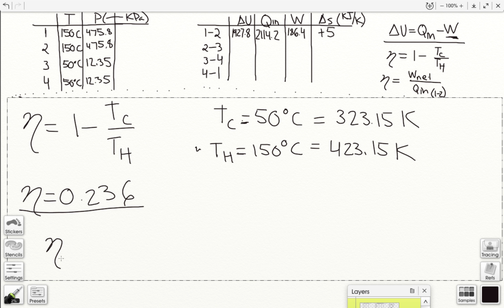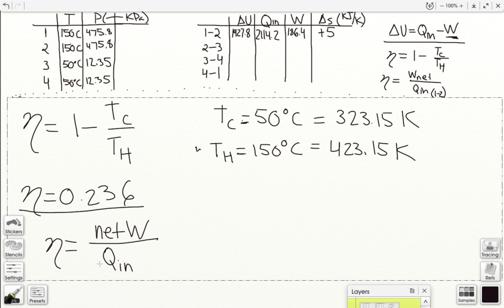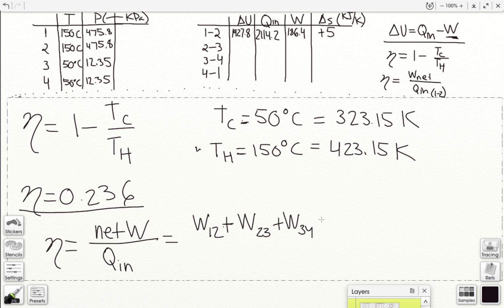Okay, so now let's see if our values matched up. So this expression came from the definition we had for efficiency for cycles in the first place, which was the net work throughout the cycle over Q in. Basically, how much work are you getting out from the amount of heat that you put into the system? And so this will be work 1 to 2 plus the work from 2 to 3 plus the work from 3 to 4 plus the work from 4 to 1 all over Q in.